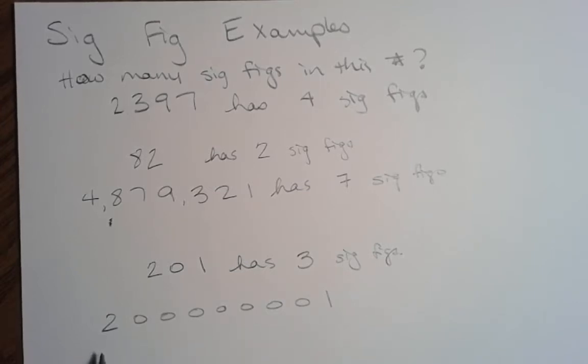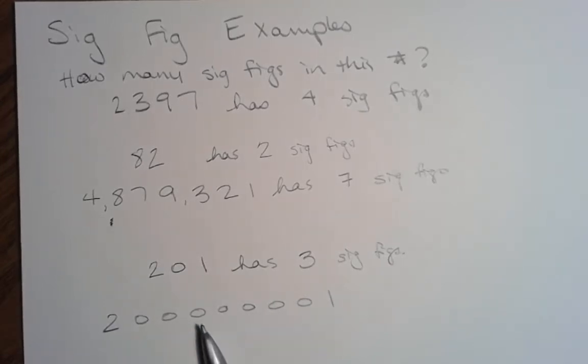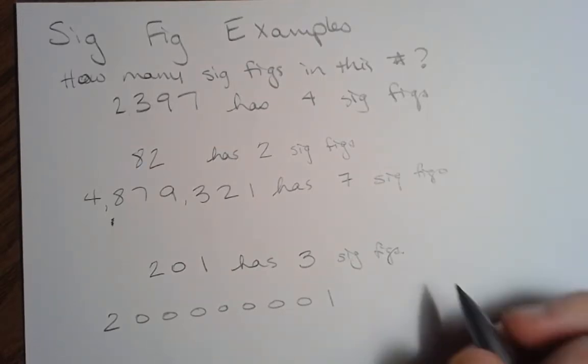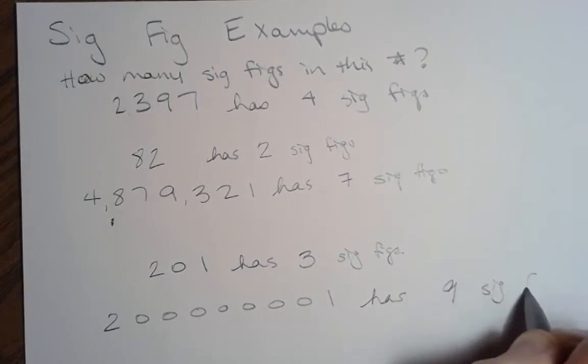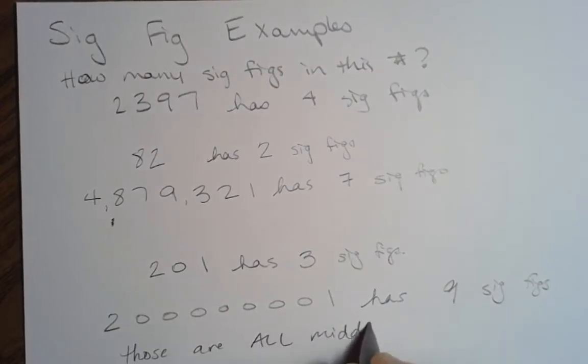They are all significant. This number has 1, 2, 3, 4, 5, 6, 7, 8, 9 significant figures, because those are all middle zeros.